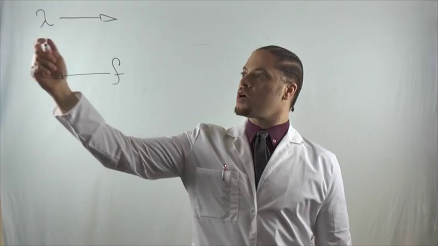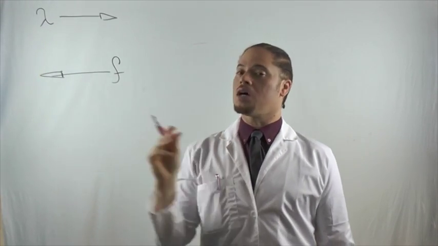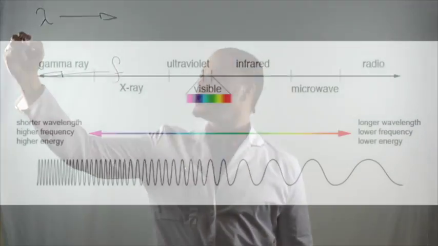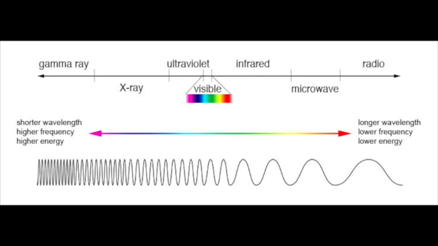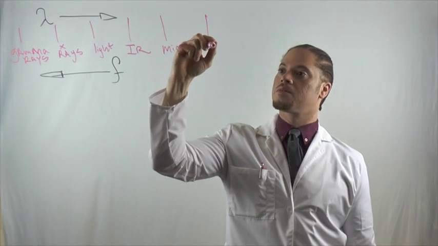So starting at this end of our electromagnetic scale, we have gamma rays. Then we have X-rays. Then we have our visible light spectrum, which has all the colors of the rainbow. Then infrared, microwaves, and then radio.